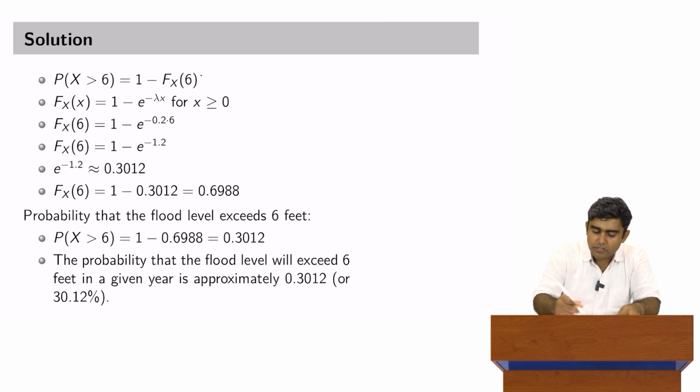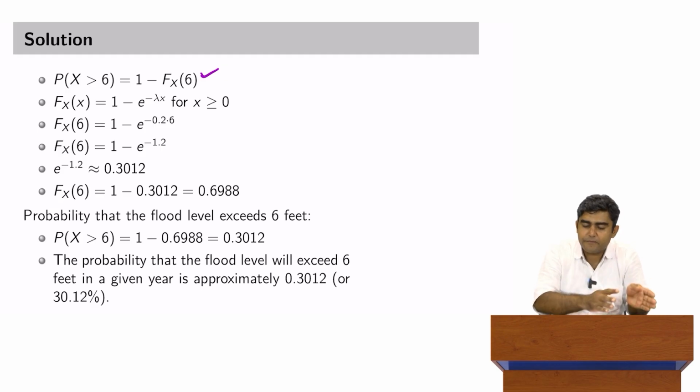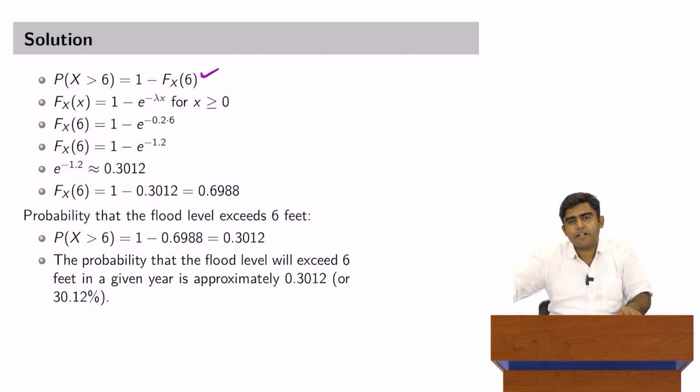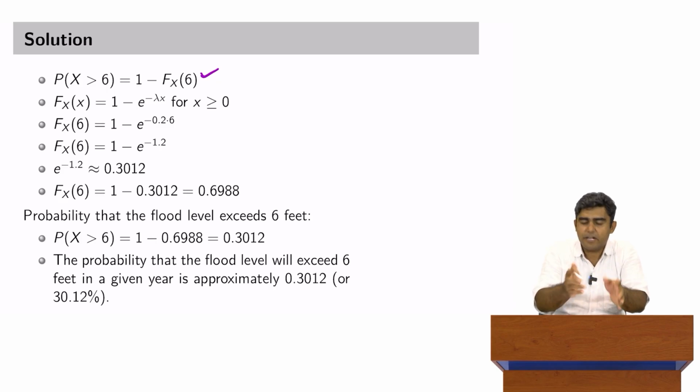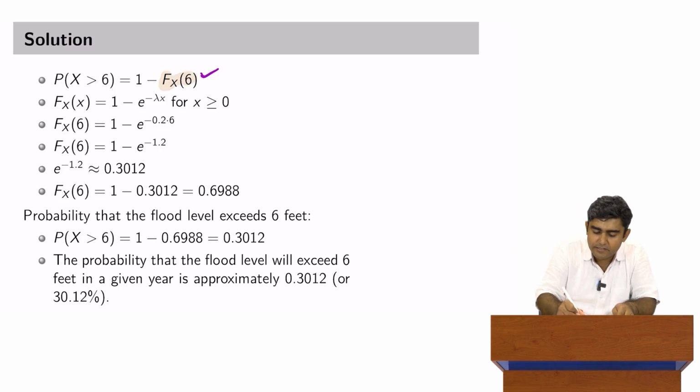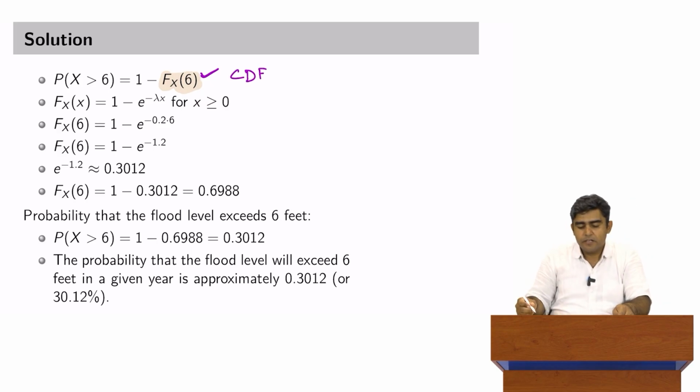So when we talk about probability of x greater than 6, it simply becomes 1 minus F(x) at 6, because cumulative distribution is on the left side. We are interested in the right side area, and hence it becomes 1 minus the area on the left side, and the area on the left side is essentially the CDF or cumulative distribution function.